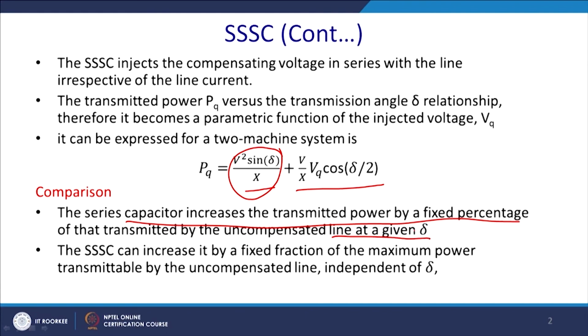Moreover, the SSC can increase the transmitted power by a fixed fraction of the maximum power. So, you can see that it increases the power transmitted by the uncompensated line and this is actually independent of delta.